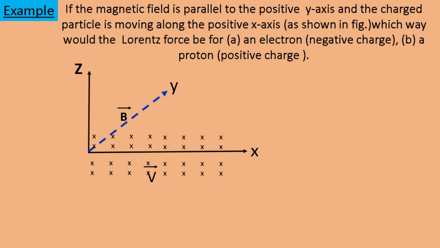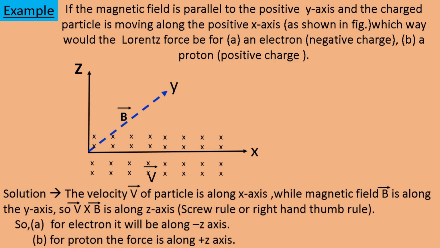According to the right hand screw rule, if we move from v vector to B vector, it gives the third vector, which means the Lorentz force is along the positive z axis. So the proton experiences a force along the positive z axis, and the electron, which has the opposite charge, experiences the Lorentz force along the negative z axis.